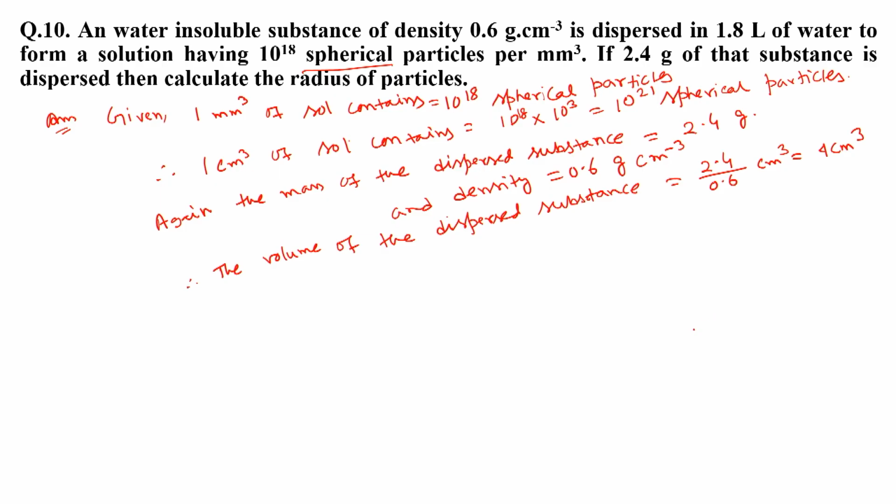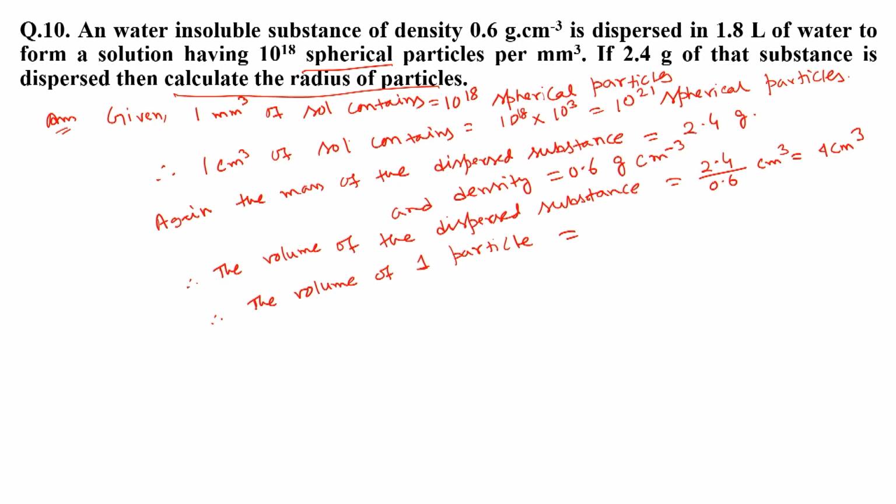And how many particles do we have? What is the volume of a single particle? Because we need to calculate the radius of the particles. So we need to calculate the volume of one particle. Therefore, the volume of one particle. 10 to the 21 spherical particles are there in volume 4 centimeter cube, right?